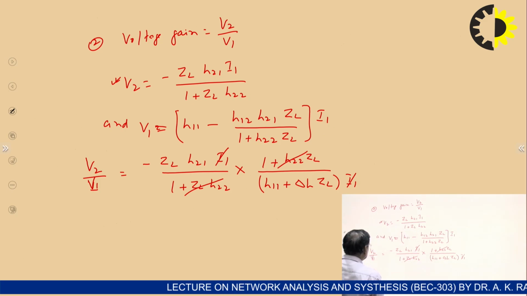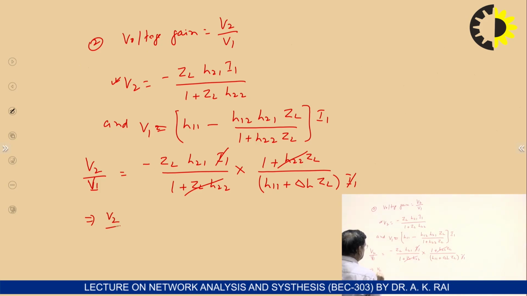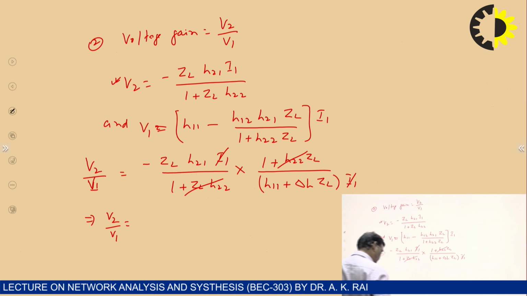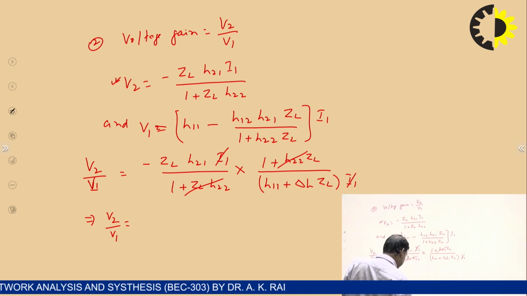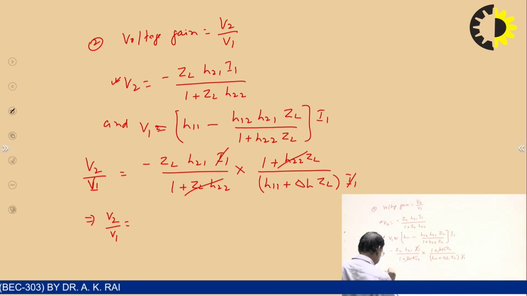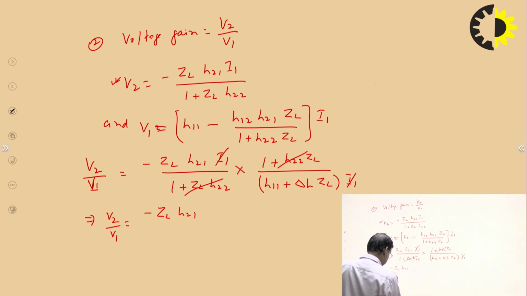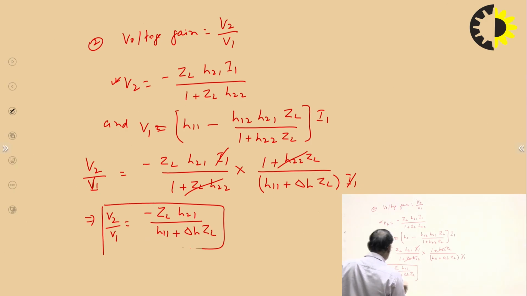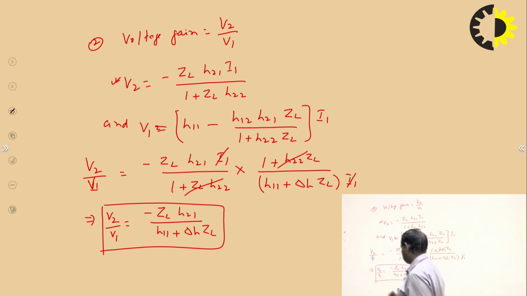So V2 upon V1 is minus ZL H21 upon H11 plus delta H ZL. So this is the voltage gain using the H parameters.